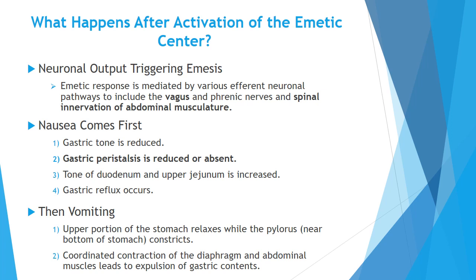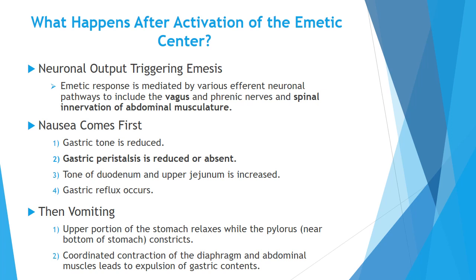The tone of the duodenum and upper jejunum is increased, so you're squeezing that duodenum and upper jejunum, and it's almost like the body is trying to, like a tube of toothpaste, squeeze the contents upwards, and it really is doing that. The stomach is not constricting, so the stomach is free to receive more chyme from the intestines, and then gastric reflux occurs into the esophagus.